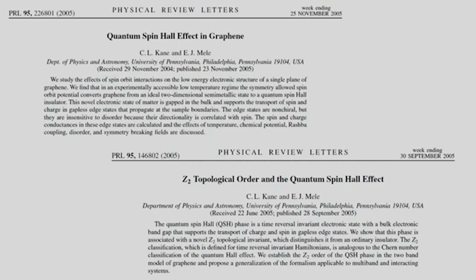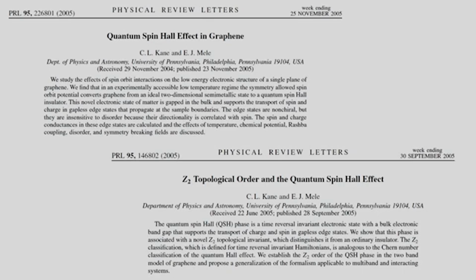One of them is called the quantum spin Hall effect in graphene, which they realized because, along with the spin orbit coupling term, the Hamiltonian respects all symmetries of graphene. So, it is quite likely that it will be there in graphene. And then they wrote another paper in the same year, or rather this paper came earlier than the next one, which is about Z2 topological order and the quantum spin Hall effect.